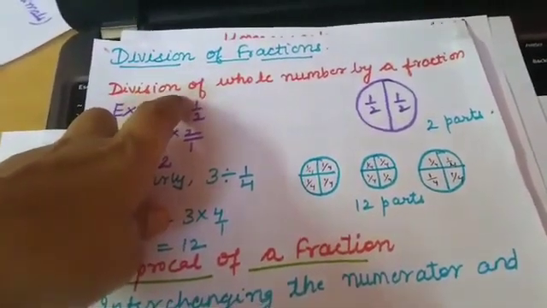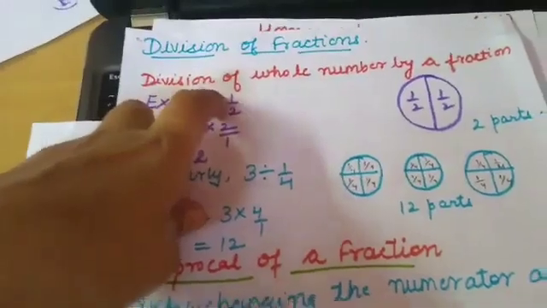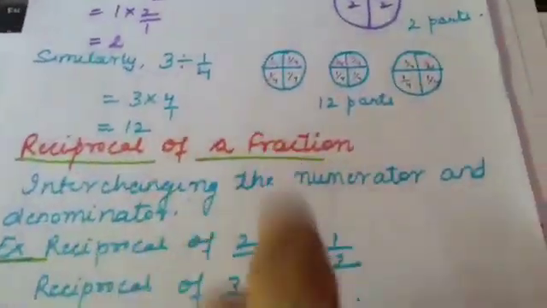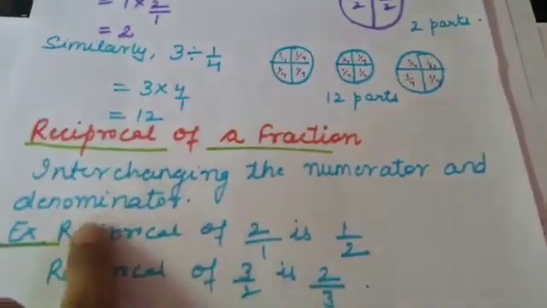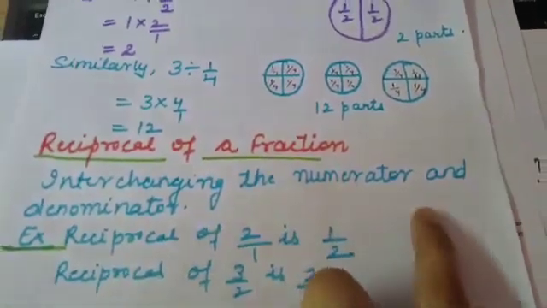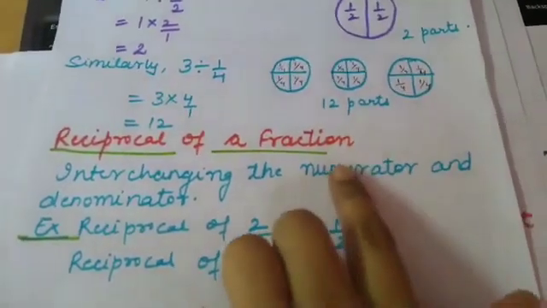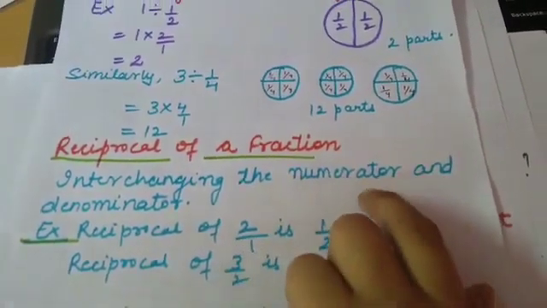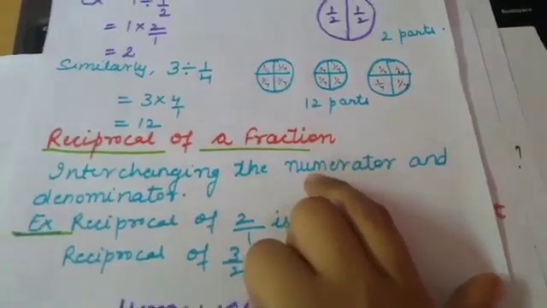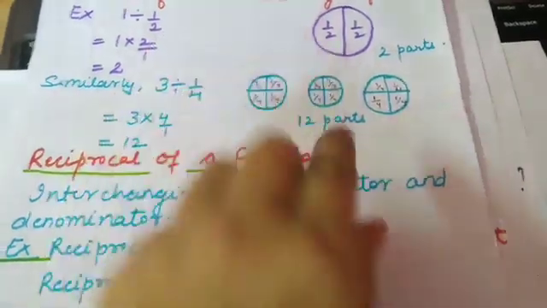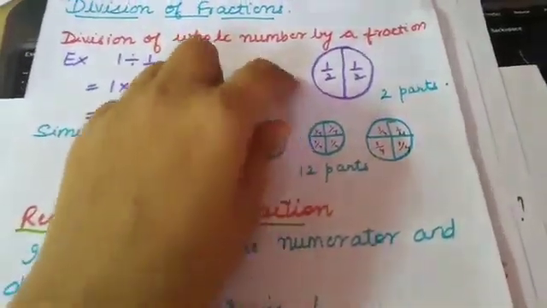Before this, let me explain the meaning of reciprocal. Reciprocal of a fraction is obtained by interchanging the numerator and denominator. Now let me explain the meaning of numerator. Suppose 1 by 2 is a fraction.